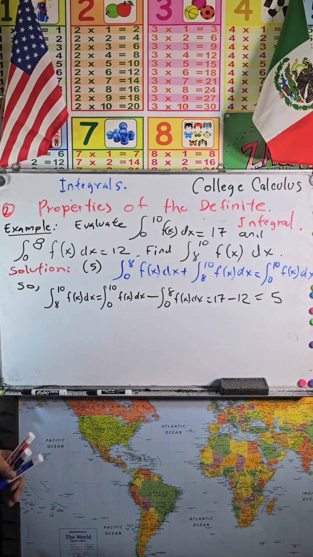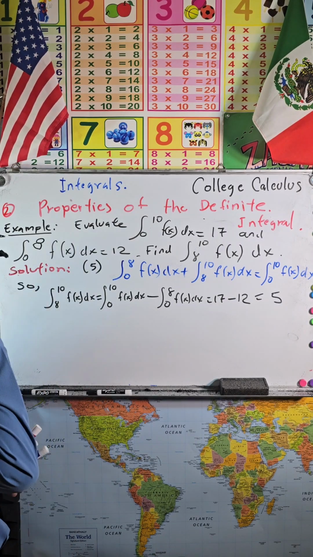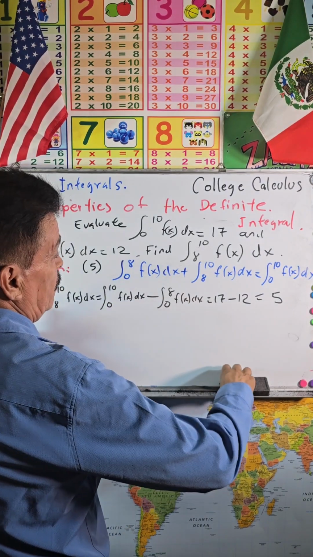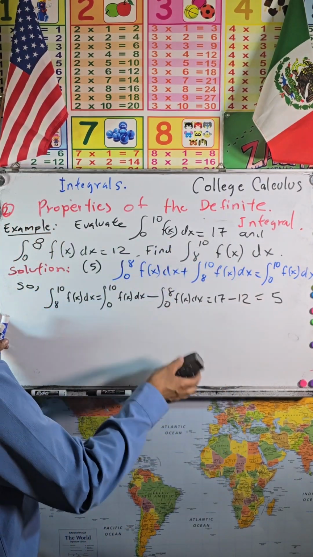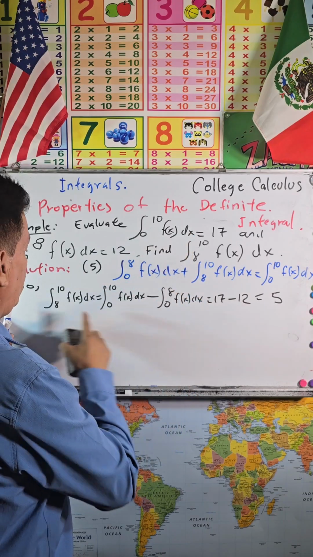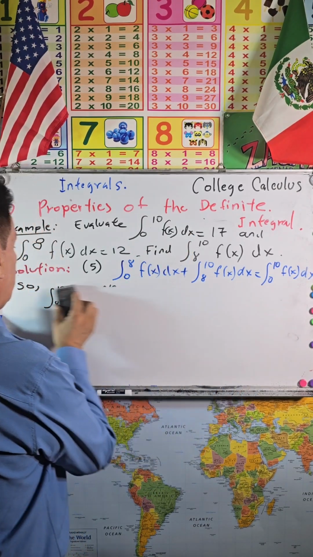Now we have to compare some integrals. I will erase our problem. Look, this is very, very easy. This is the main formula. Apply property number 5, just simplify, and that's it.